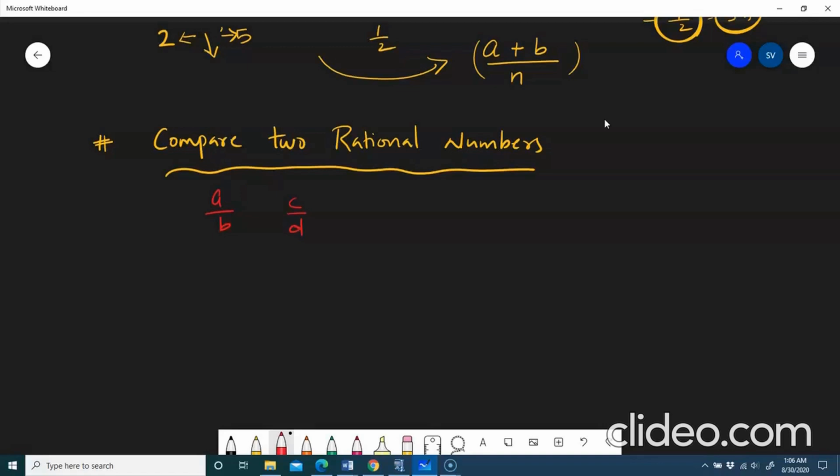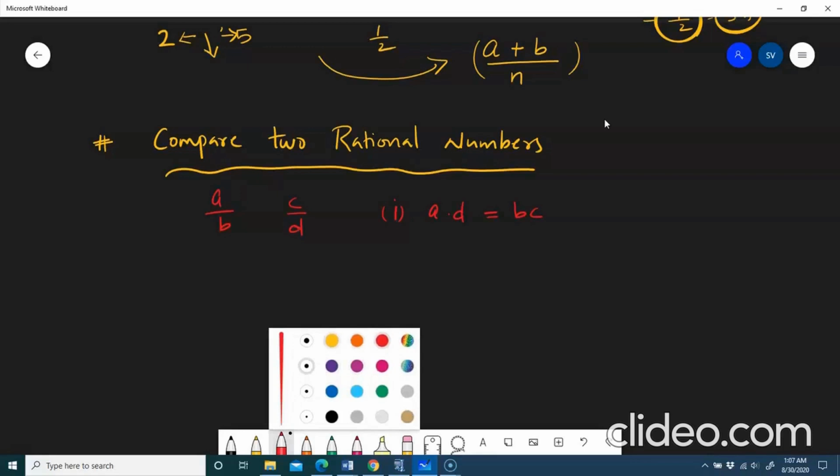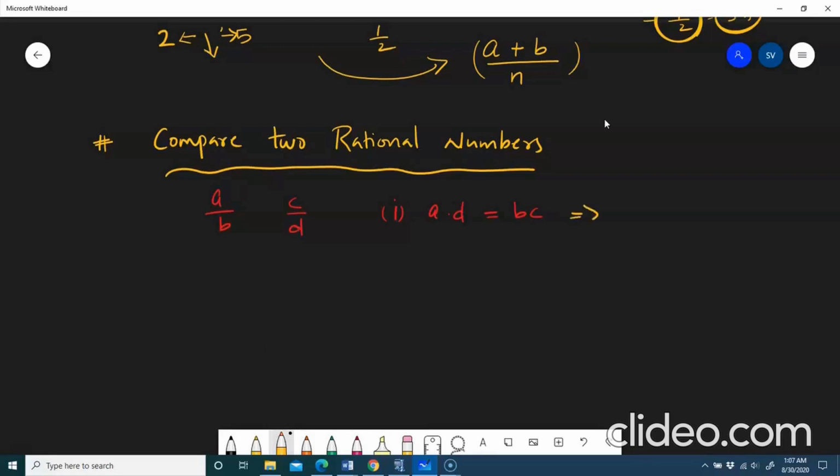So the first statement is, if AD is equal to BC, then A by B equals C by D. That means these two fractions are the same. Nothing to compare because those two are the same.